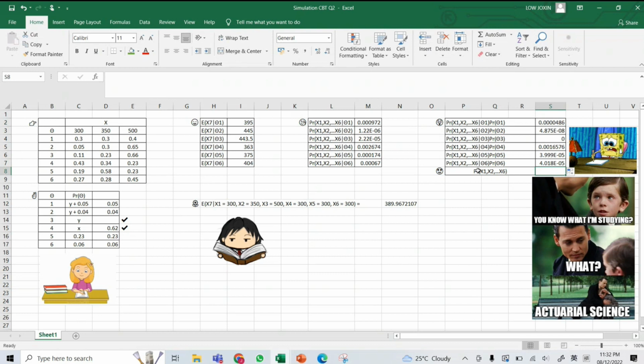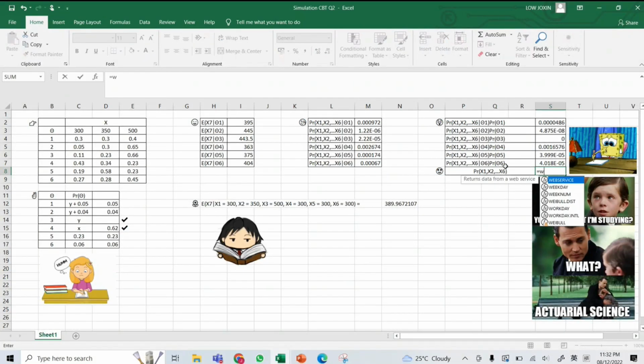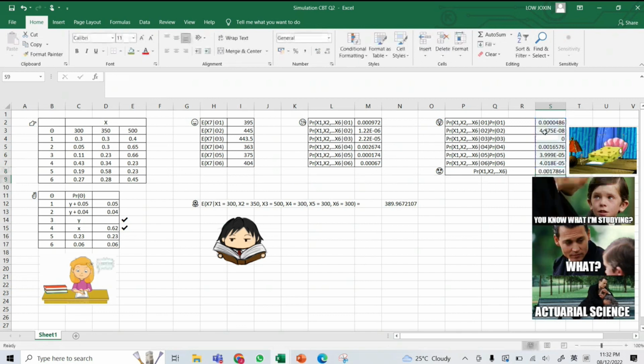The probability of x1 to x6 is just the sum of all of these. So lastly, we need to find the y value so that we can get the expected value of x7 given x1 to x6 equal to this.